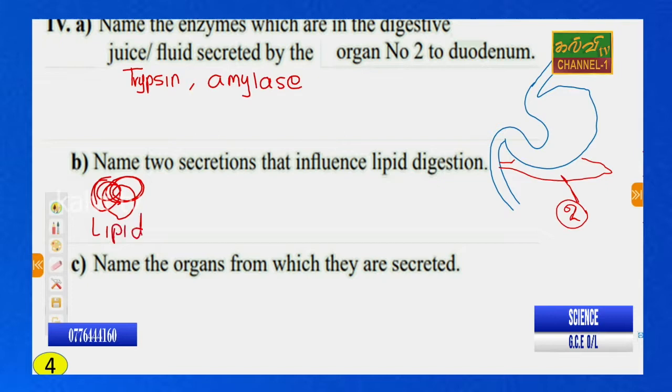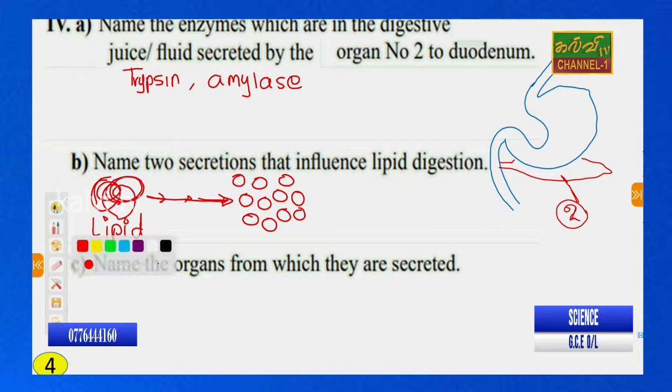What happened? They are initially converted into small particles, like a big solid making some small droplets. The substance which helps to convert that is bile, B-I-L-E.